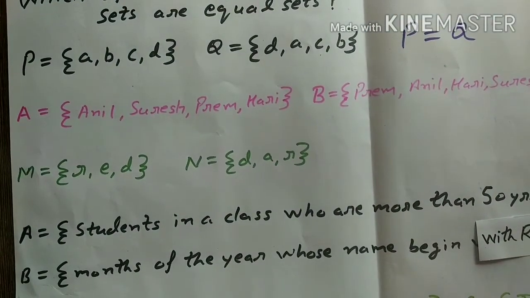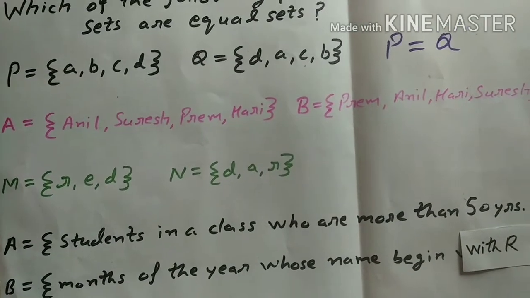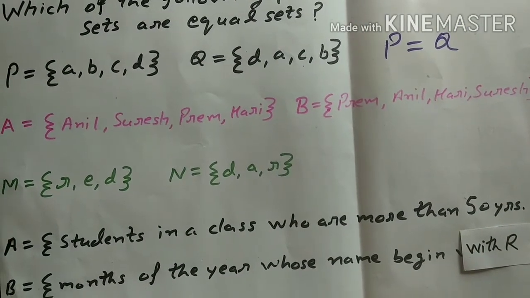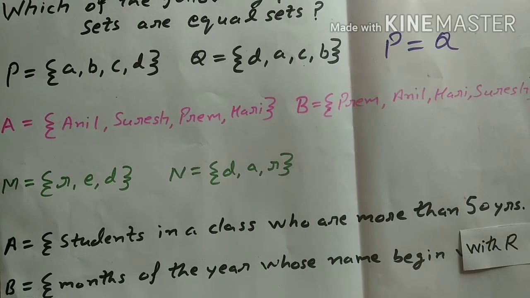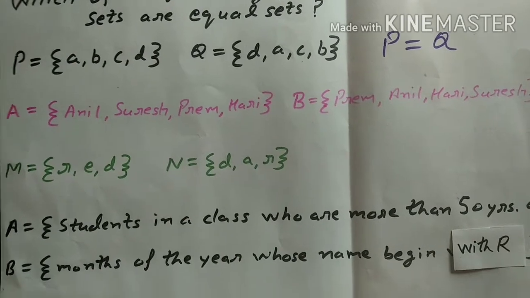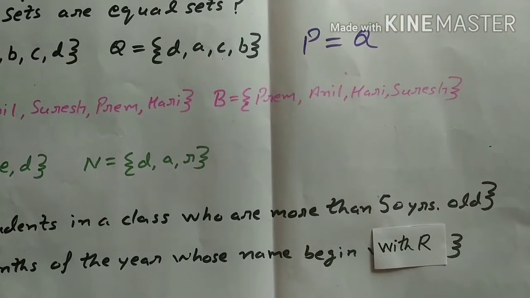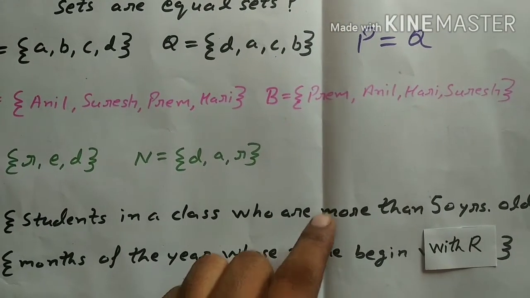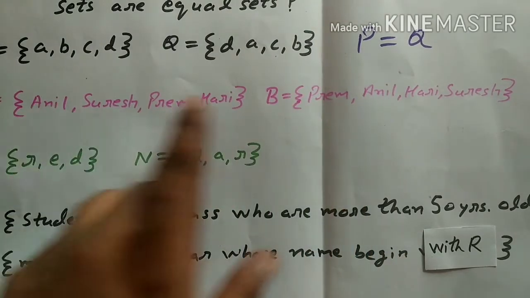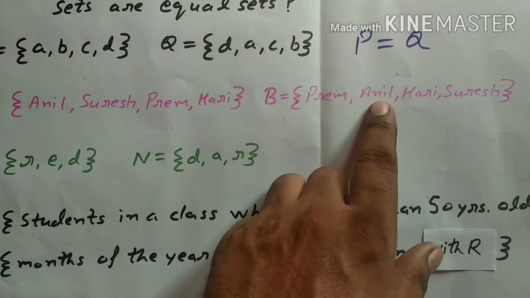Now, set A. Set A has the names Anil, Suresh, Prem and Hari. And you may see the set B. Anil is here and Anil is also here.